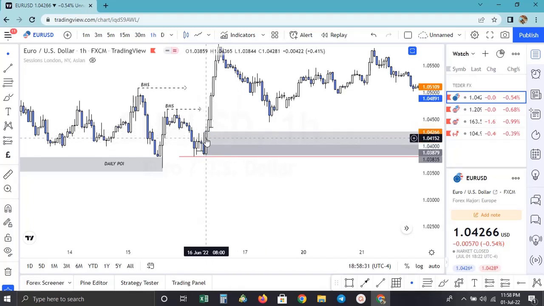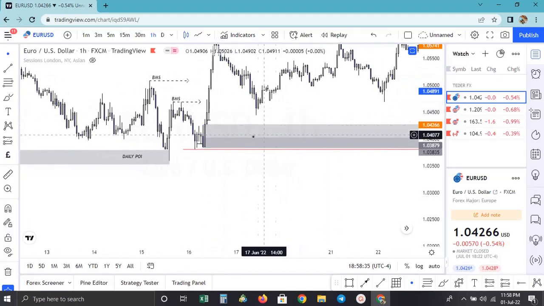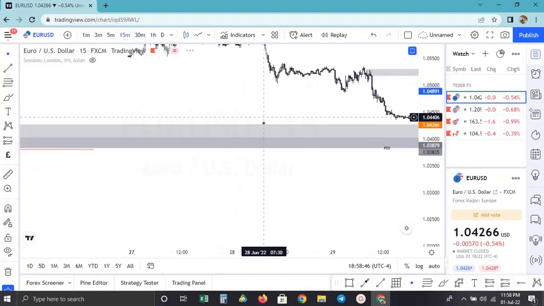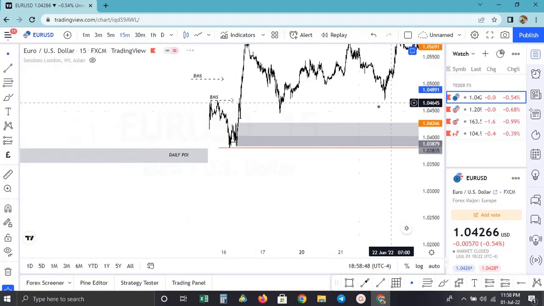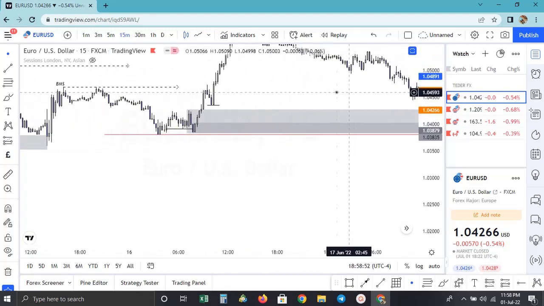I don't really like it, but what I do most of the time is refine my order block on the 15 minute time frame. So let me take you guys to the 15 minute time frame and show you how I was able to refine that 1 hour order block.